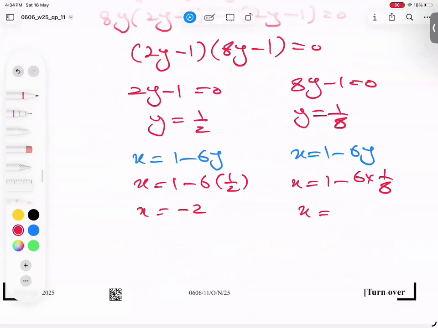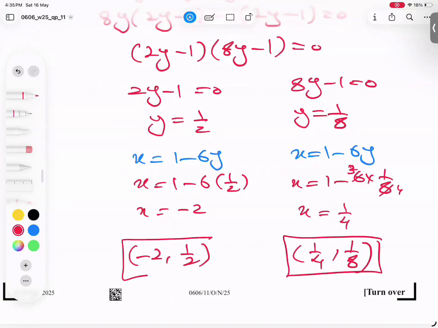And I'm getting here 1 by 8. We got 1 over 4. So the pairs are negative 2 and 1 over 2, and 1 over 4 and 1 over 8. So I hope the concept of the question is very clear. Question number 8 is done.